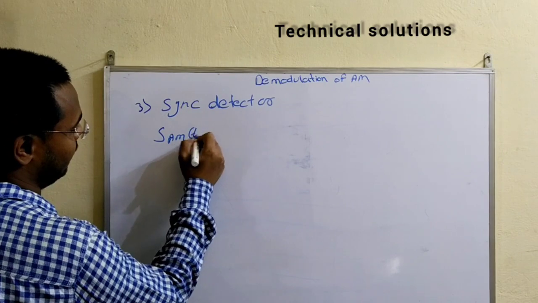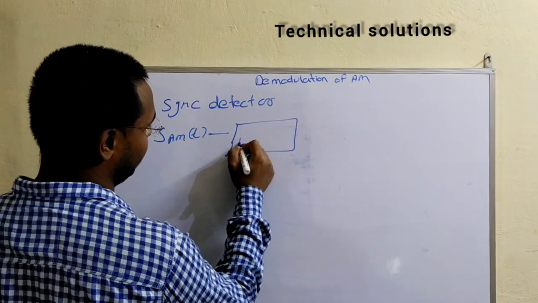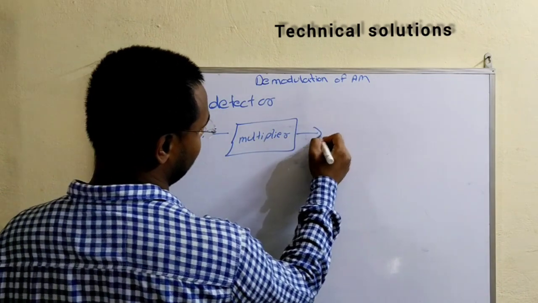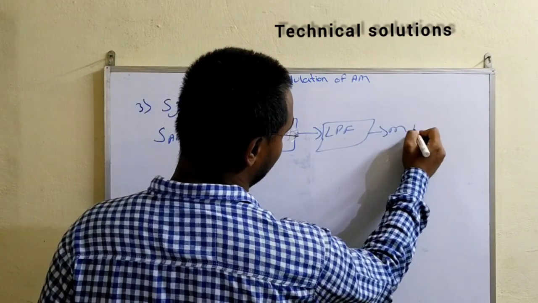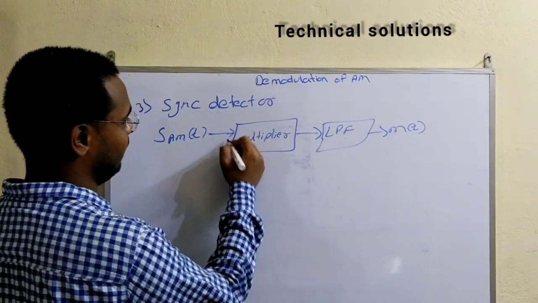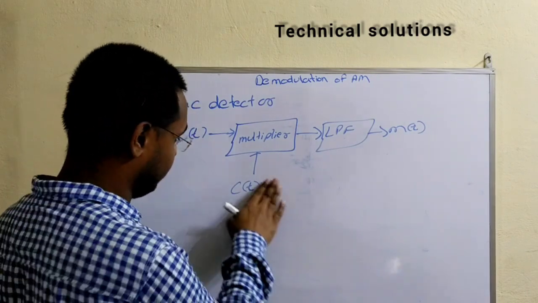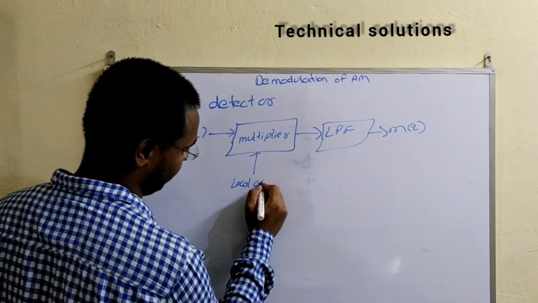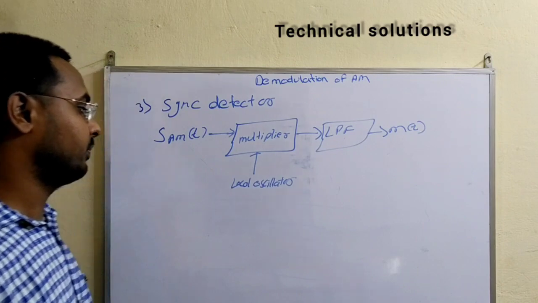The architecture of this synchronous detector is a multiplier, a low pass filter, the output m(t), and this is our local oscillator.